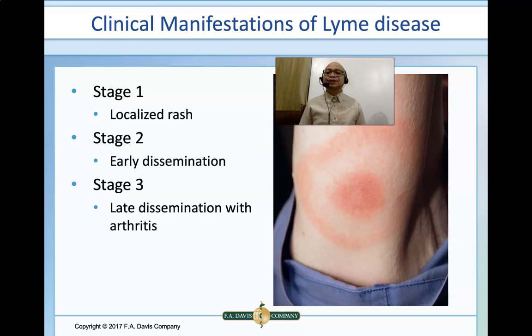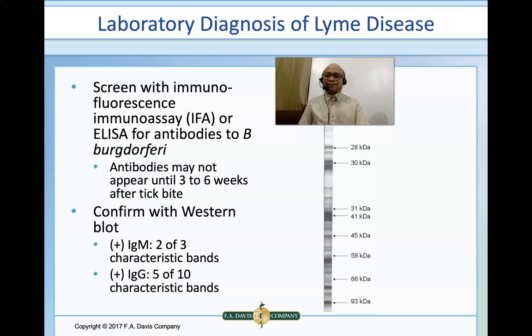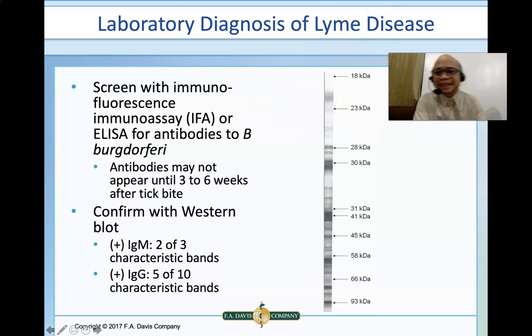So for the laboratory diagnosis of Lyme disease, we usually screen with immunofluorescent assay or ELISA for antibodies to Borrelia burgdorferi. Antibodies may not appear until 3 to 6 weeks after you have been bitten by the tick. So that's the screening test.